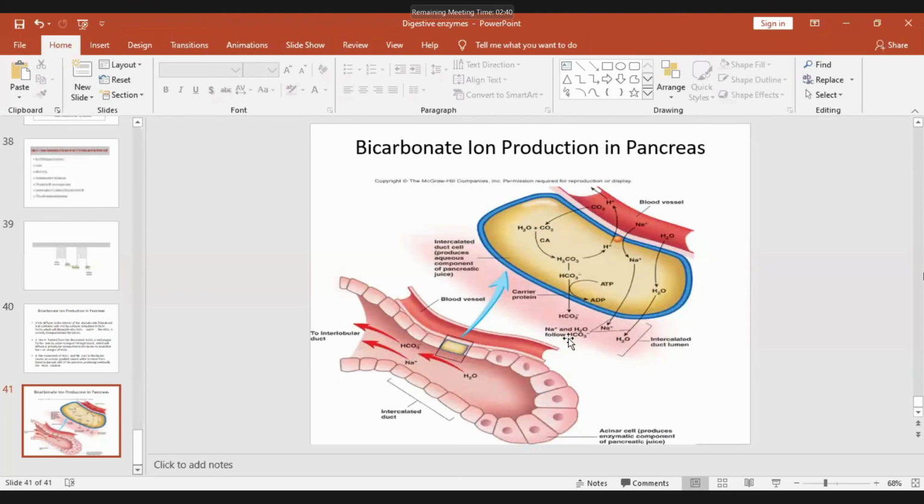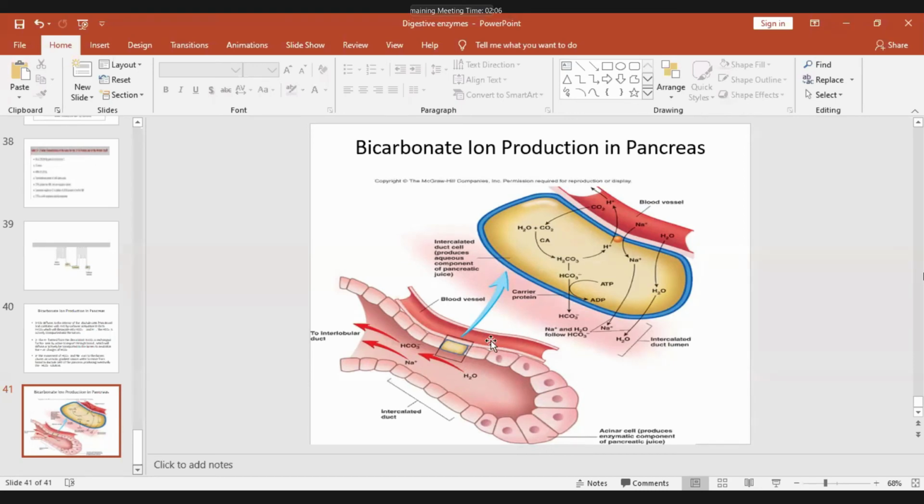The sodium also follows the bicarbonate, and water, sodium and bicarbonate come to the lumen side of these pancreatic acinar cells. So in the acinar lumen there is water, sodium and bicarbonate, and from the acinar lumen they move into the pancreatic duct, and through the ducts they come into the GI tract along with other digestive enzymes.